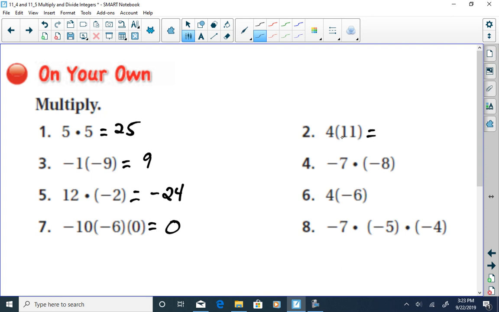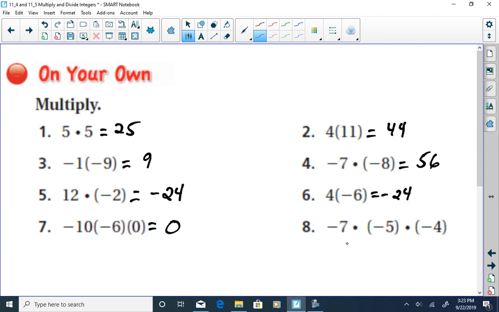Here we have two positive integers. The product's going to be positive. 4 times 11 is 44. Here I have two negative integers, but once again the sign is the same, so the product's going to be positive, and 7 times 8 is 56. Here I have opposite signs, so I know the product's going to be negative, and 6 times 4 is 24.